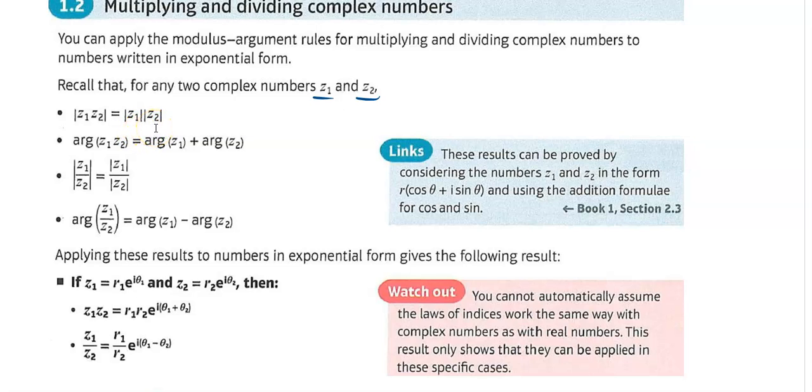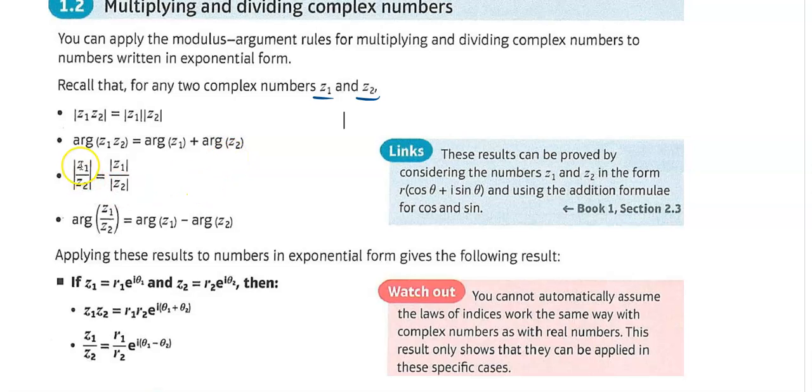So it's really, really easy. If you have them in modulus argument form, or in exponential form where you've got the modulus and an e to the argument, all you do is multiply the modulus. Really easy. The argument of the product of z1 and z2 is just equal to the argument of z1 plus the argument of z2.